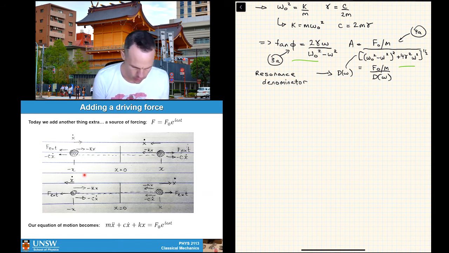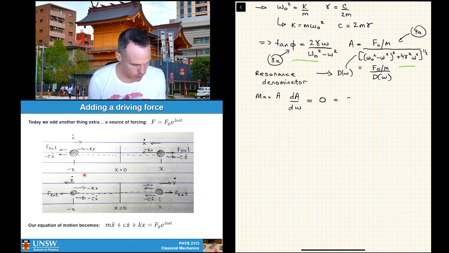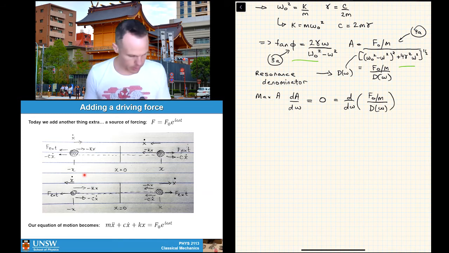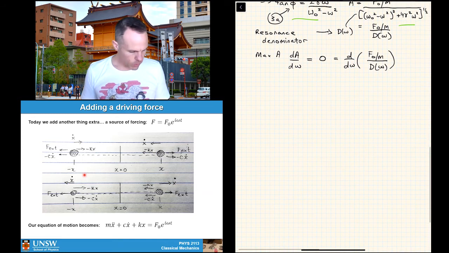Okay, so what we're looking for is max amplitude, and so that's going to be dA on d omega equal to 0, and of course this is going to be d on d omega of f naught on m d omega. Now, one thing we can do here is we know that f naught and m don't depend on omega, right?